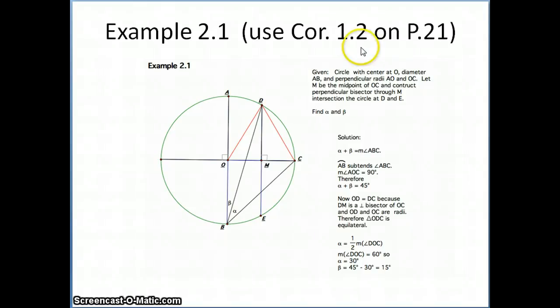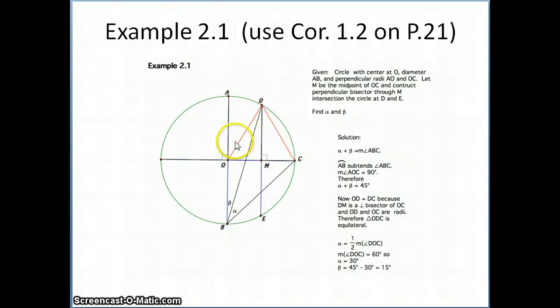And by the corollary we proved in first section, page 21, corollary 1.2: if we have a perpendicular bisector of a line segment, then any point on that perpendicular bisector is equidistant to the ends, so both ends of the line segment.